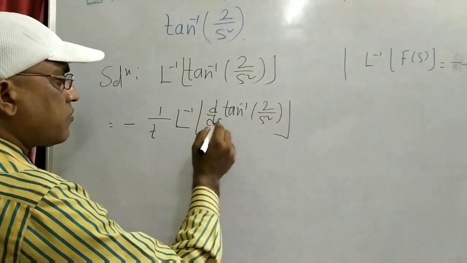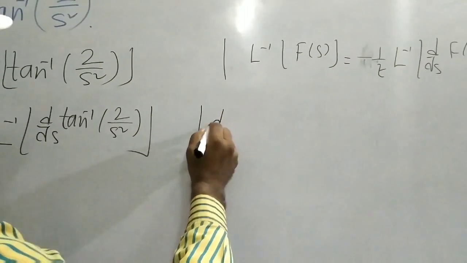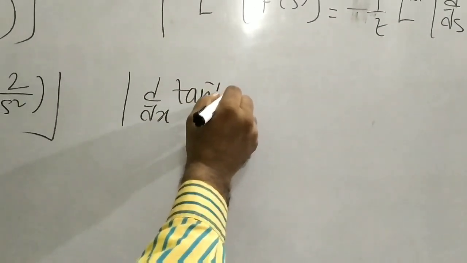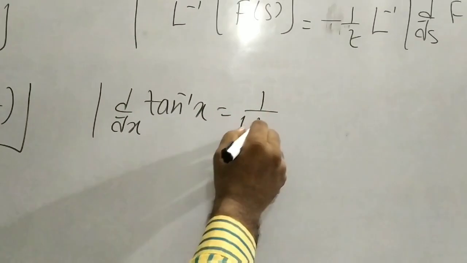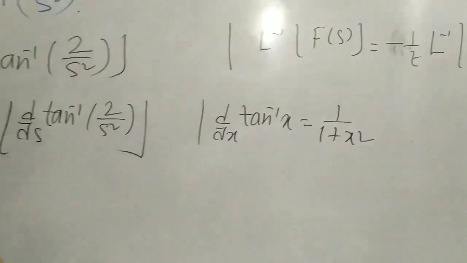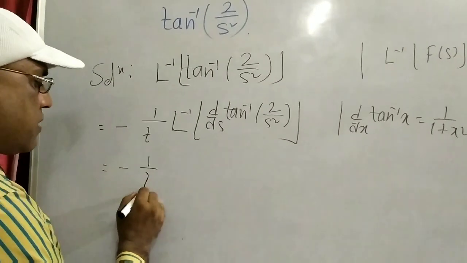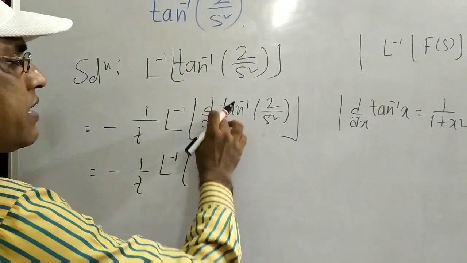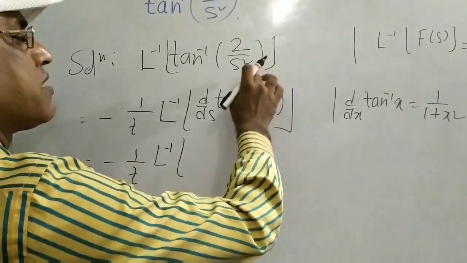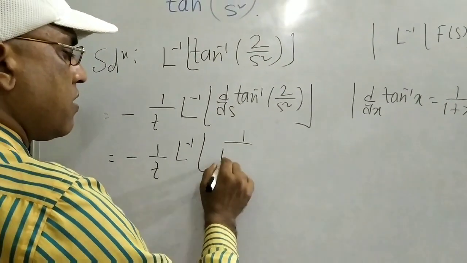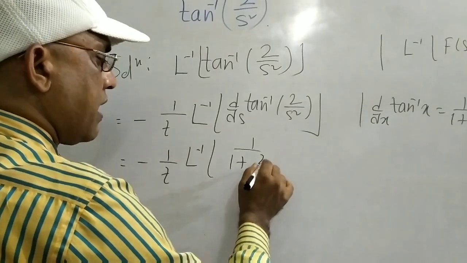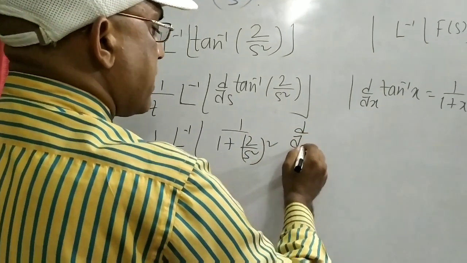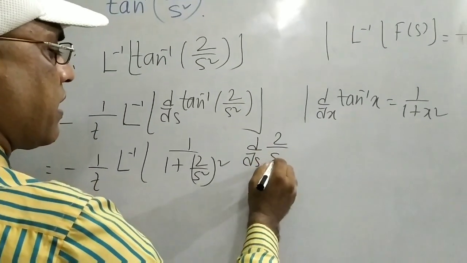Now we know this formula: d/dx of tan inverse x is 1 by 1 plus x square. So we assume this whole thing is x. So d/ds of tan inverse x gives 1 by 1 plus x square, and using the chain rule, times the derivative of 2 by s square.